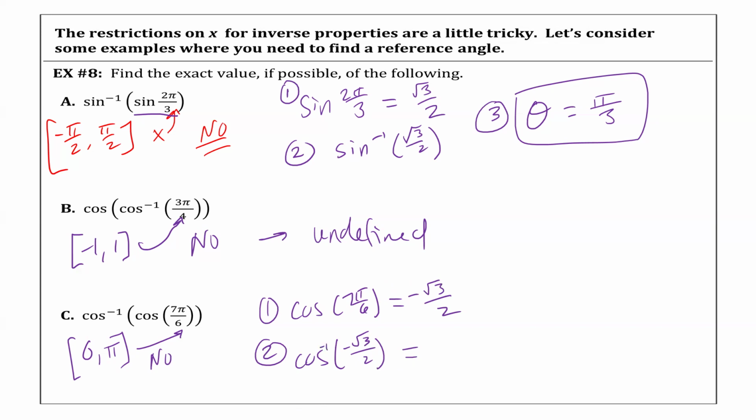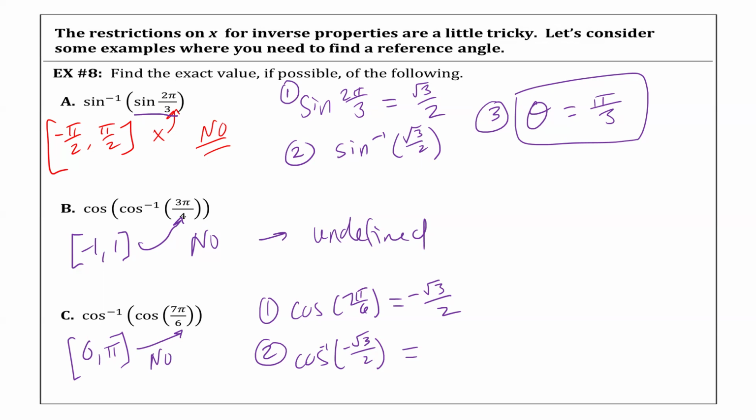Now we're asking ourselves what cosine value, what theta, what angle gives us negative square root of 3 over 2. How did you know that? Because of the domain restriction. This is saying, where is x?